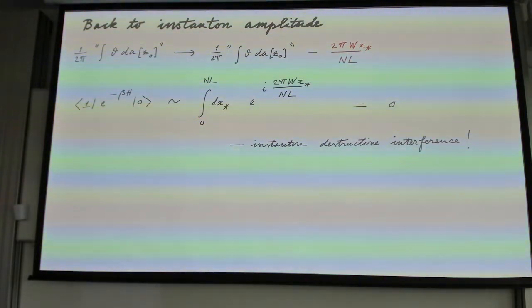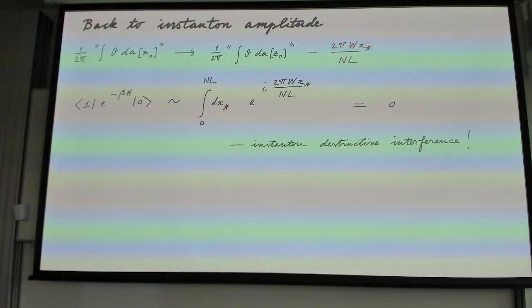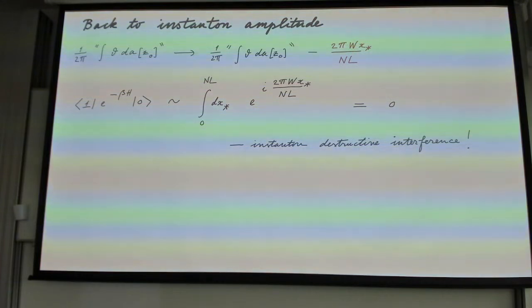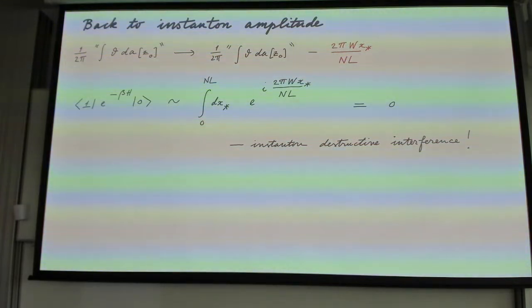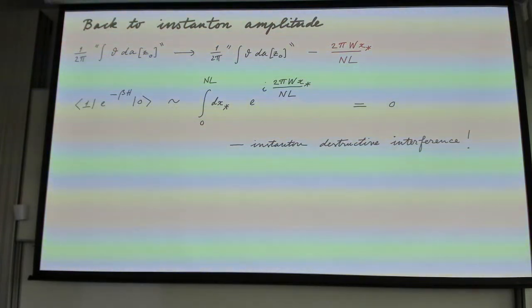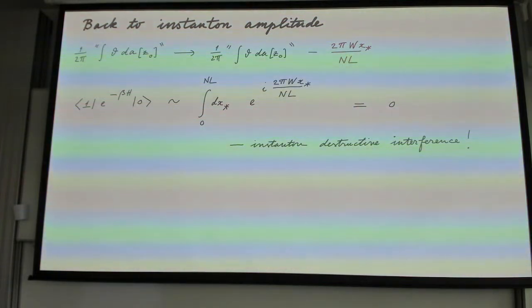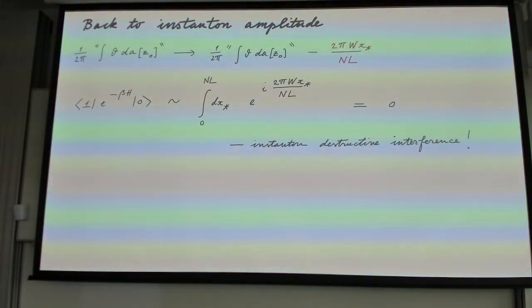And so when I compute the amplitude, I'm integrating over a phase factor, which gives 0. And this is the destructive interference of instantons. In this kind of funny way, this is how instantons actually achieve the cancellation, which you might have expected from anomalies. In particular, in this calculation, we see that there's an n-fold degeneracy, because in this order, we get complete cancellation of all these consecutive tunnelings.